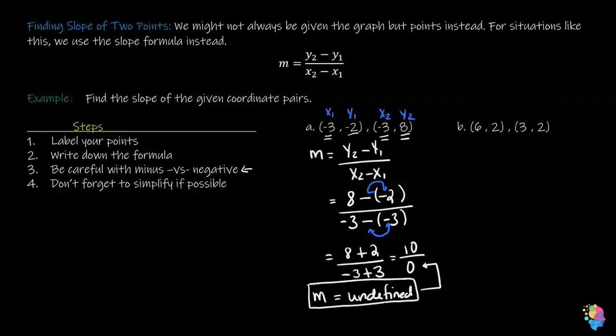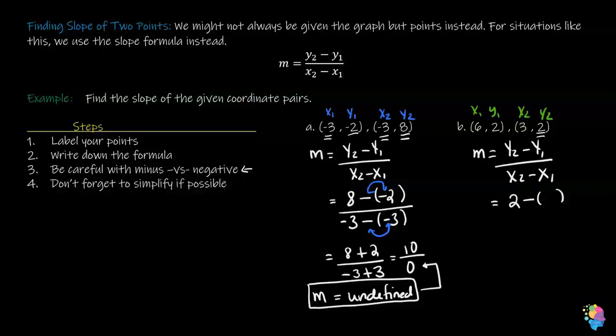Let's try the next one. We do it again. We label the points x1, y1, x2, y2. We bring down the formula, y2 minus y1 over x2 minus x1. We enter the values. So I bring y2, which is 2, minus from the formula, bring down y1.